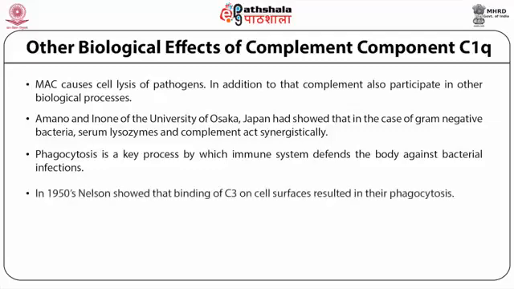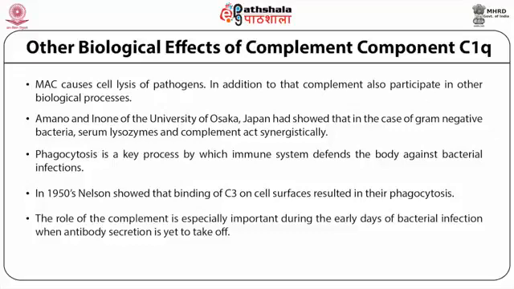In 1950s, Nelson showed that binding of C3 on cell surfaces resulted in their phagocytosis. The role of complement is especially important during the early days of bacterial infection when antibody secretion is yet to take off.